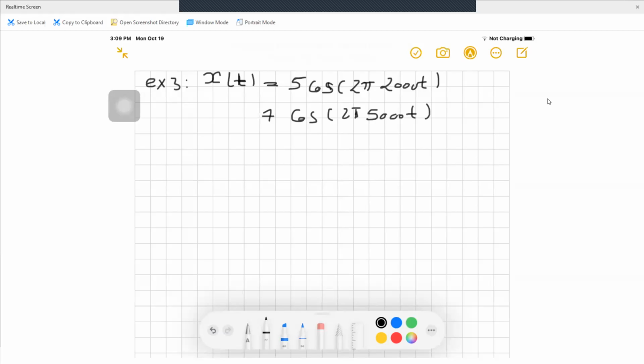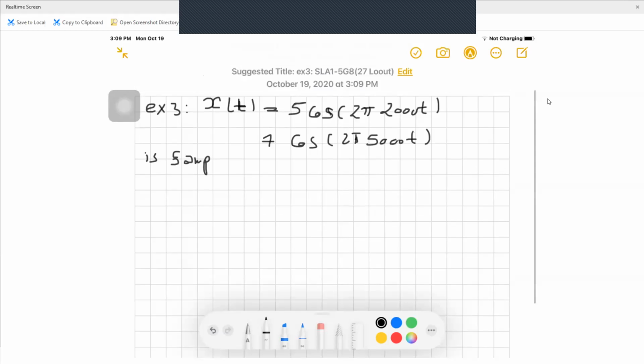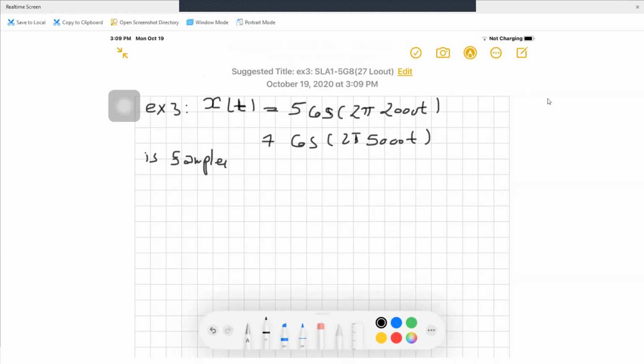Again, the signal is sampled at 8,000 samples per second.